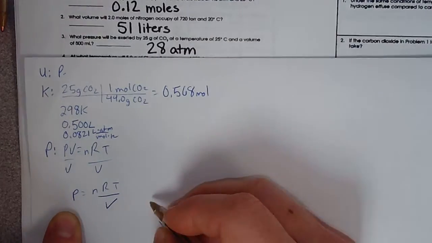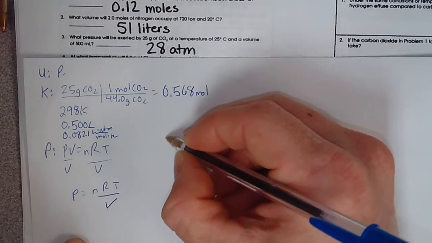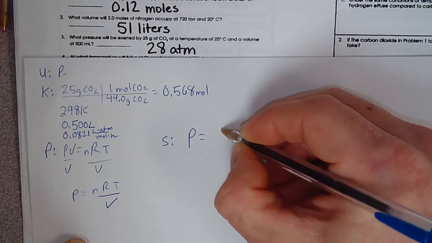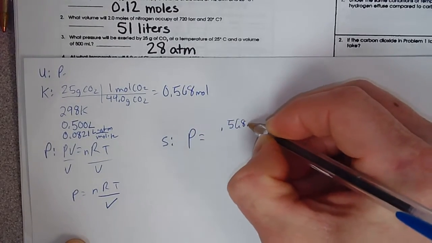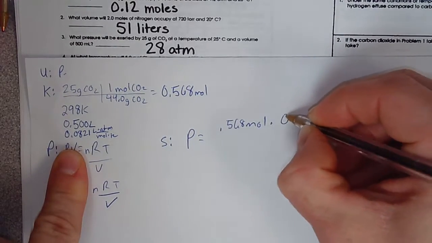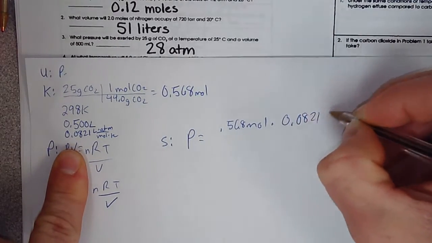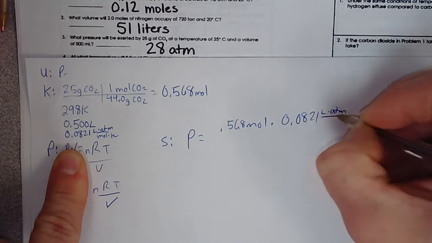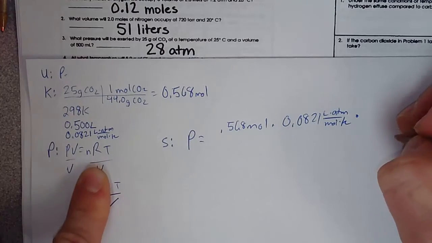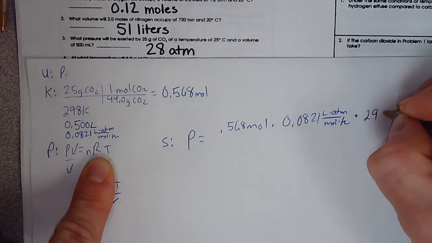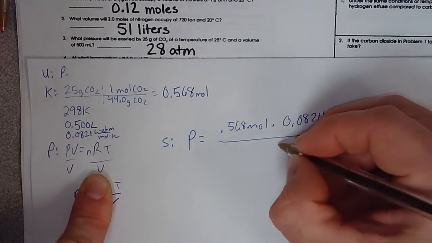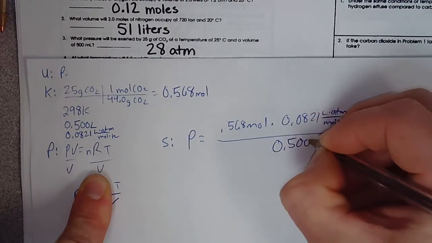Okay, and so all we've got to do now in our solve is plug in all these numbers. So P equals 0.568 moles times the gas constant, and then times the temperature, 298, and divide by the volume, so 0.500 liters.